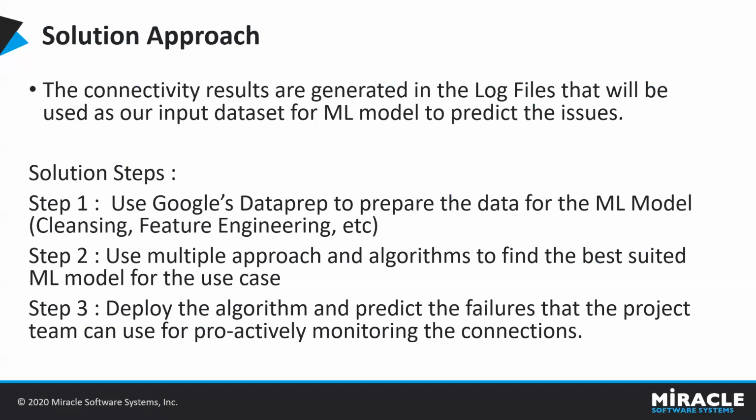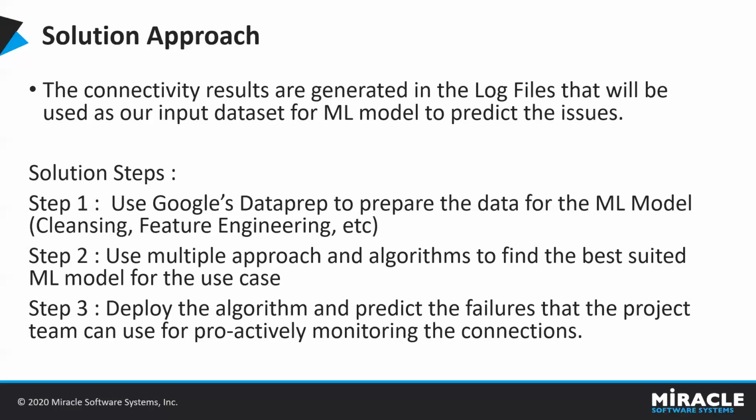Our solution approach is going to be using the log files that are generated by the connectivity script. We will use that as our input data set and use Google's Dataprep to prepare the data for machine learning: cleansing, feature engineering, etc. We will use multiple approaches to find out what the best algorithm is based on the confusion matrix and the use case, looking at classifiers and time series to understand the predictions.